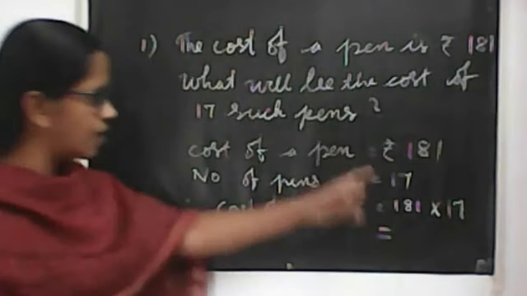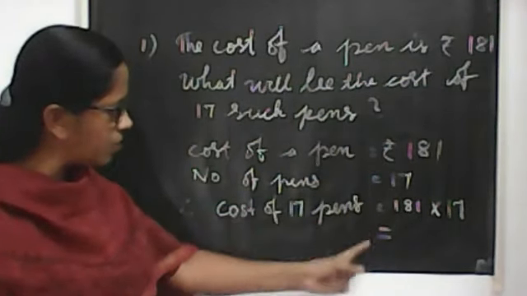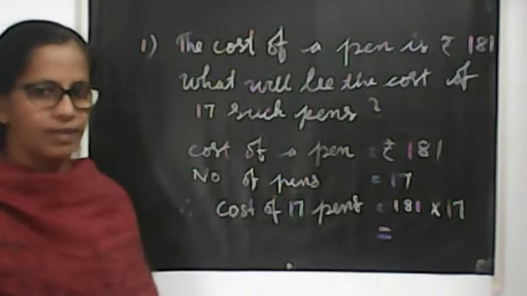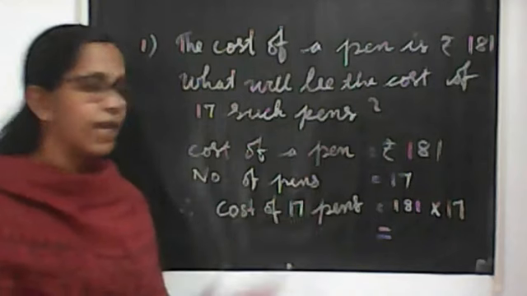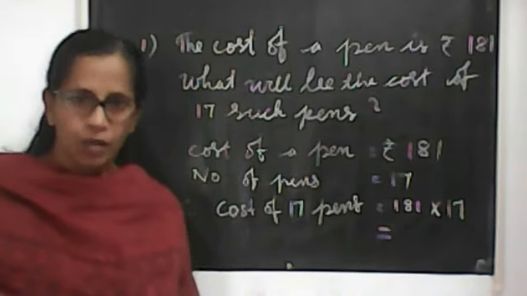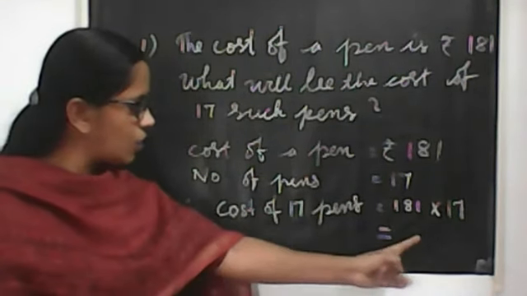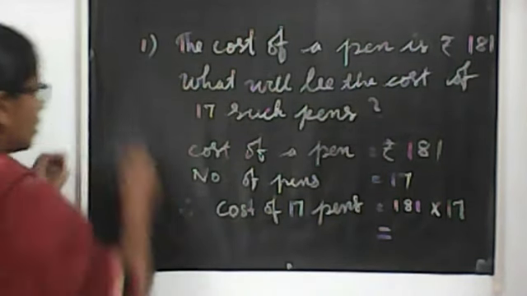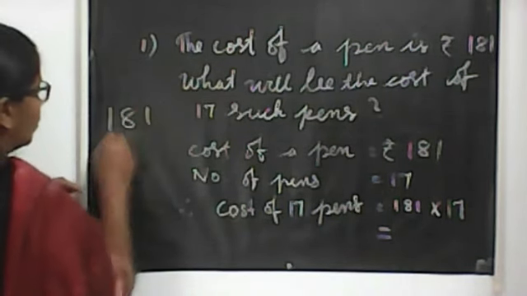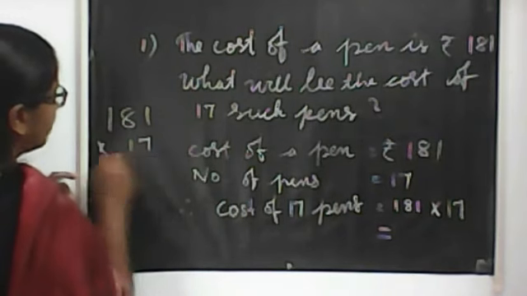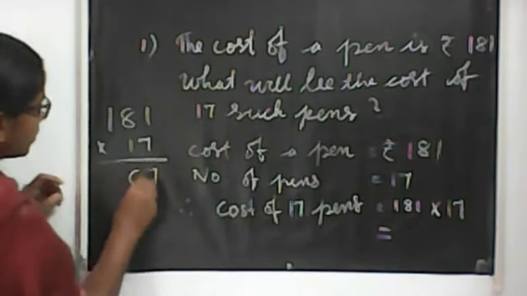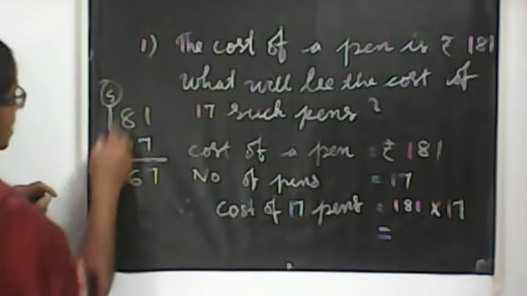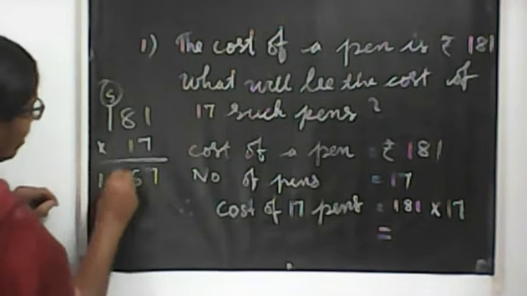When you are writing story problems, be careful. The equal to symbols should be straight, one below the other. Then do the multiplication in the working column, and the answer that you got should be written here. So 181 into 17. 7 times 1 is 7, 7 times 8 is 56, 5 as carry, 7 times 1 is 7, 7 plus 5 is 12.